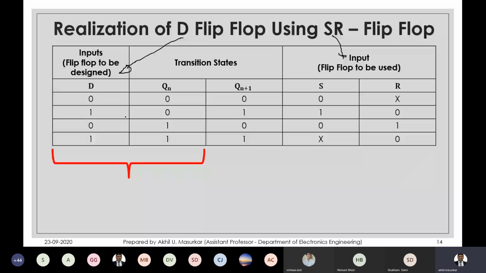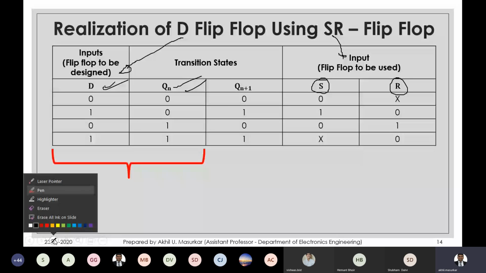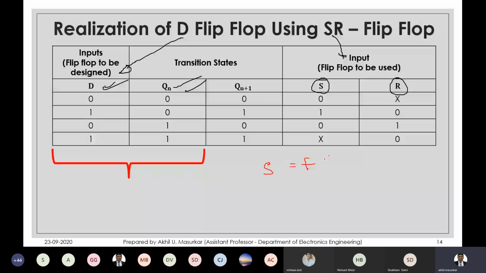S is in terms of D and Qn, and R is also in terms of D and Qn. So we can just clearly write here that S is a function of D and Qn, and R is a function of again D and Qn.